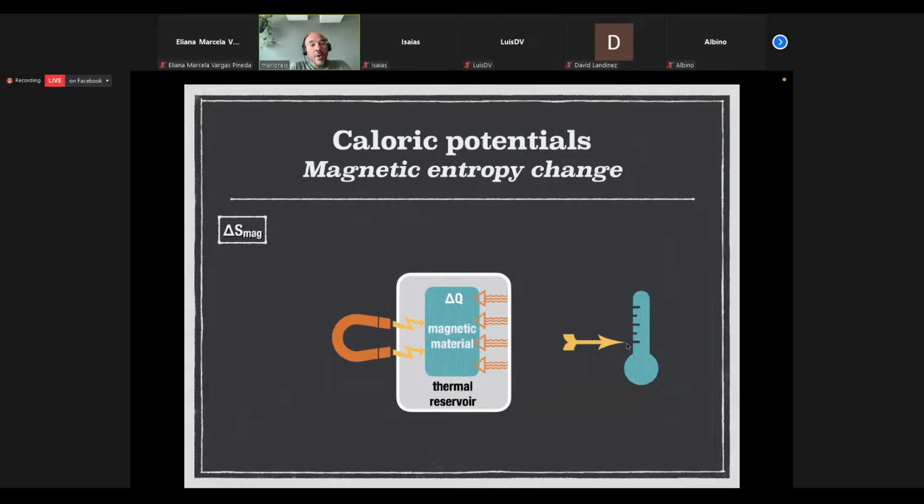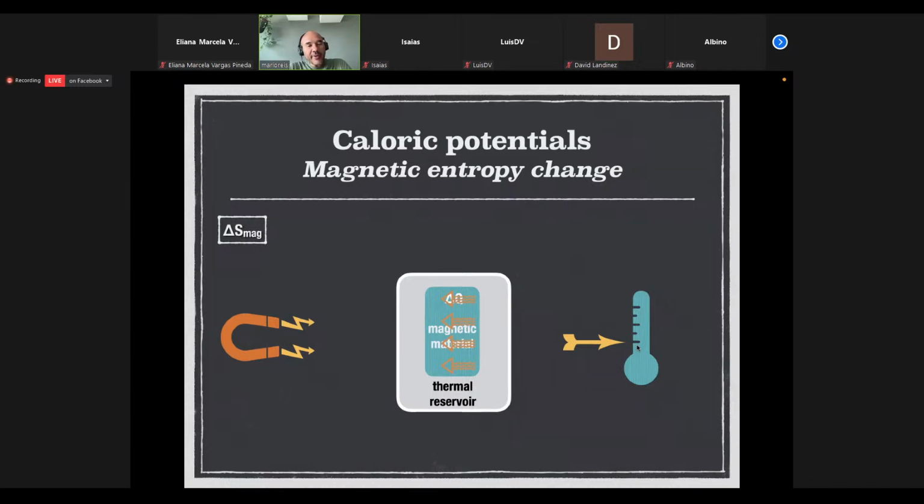When we remove the magnetic field, the material absorbs heat from the thermal reservoir, keeping the temperature constant because it is isothermal. Isothermal, it's the same temperature. Okay? It's one process.